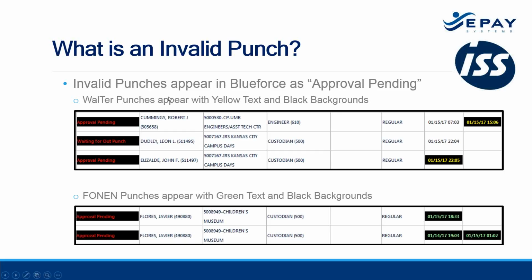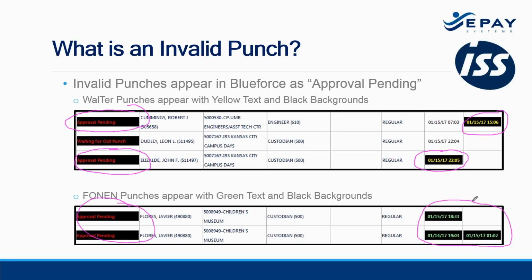So just quickly looking here, you will see that the status says approval pending on quite a few of these lines. And over on the right, you'll see the black background with the yellow text. That signifies that that is a Walter time punch. Now, you also see approval pendings on the FONEN side, but the FONEN ones appear with green text and a black background.